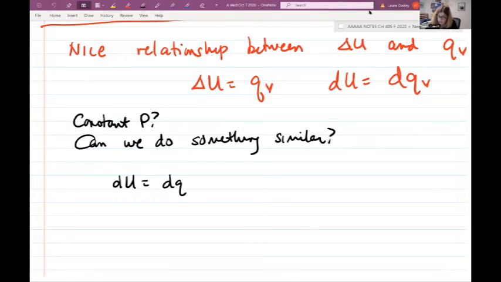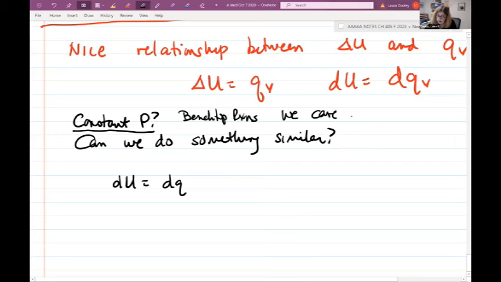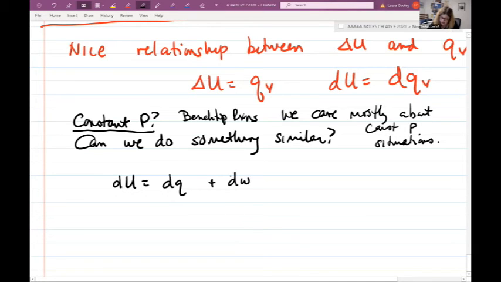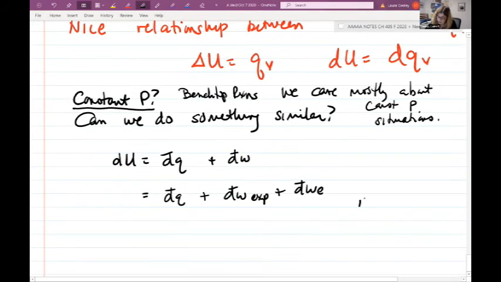For constant pressure, because we care mostly about benchtop reactions, we care mostly about constant pressure situations in chemistry. So we start with the first law. We break this down to expansion work and extra work. Then we say no extra work.